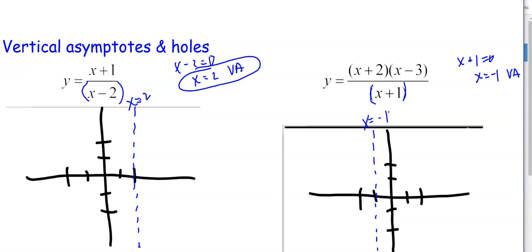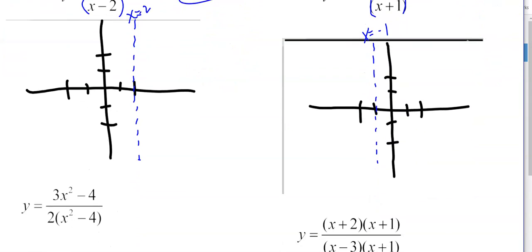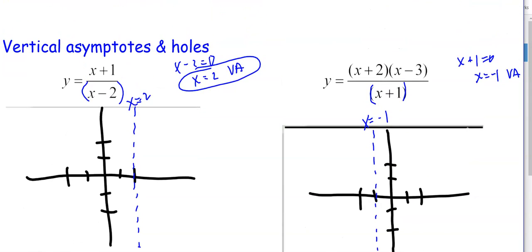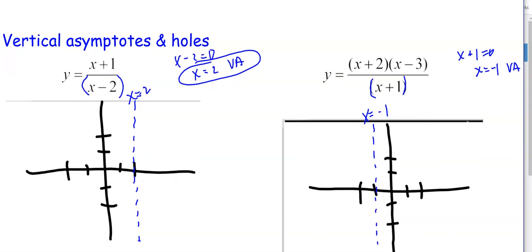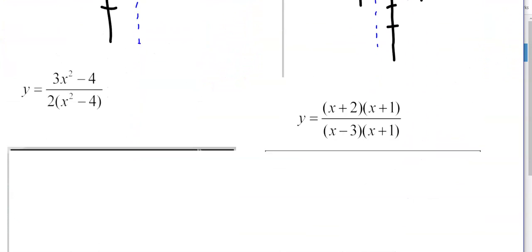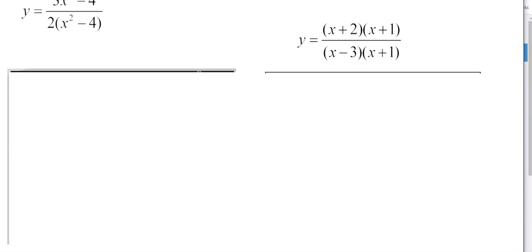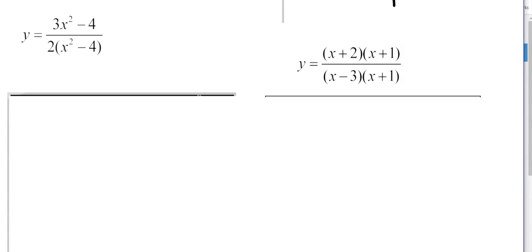Always label the vertical asymptotes with the equation. Don't say negative 1 because I don't know if it's vertical or horizontal. If I say x equals negative 1, I know it's a vertical asymptote. We haven't gotten to holes yet, but let's continue our work with vertical asymptotes here.